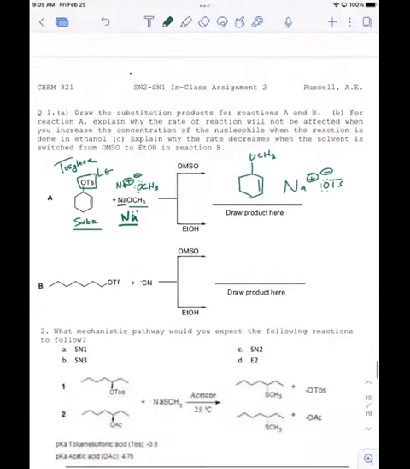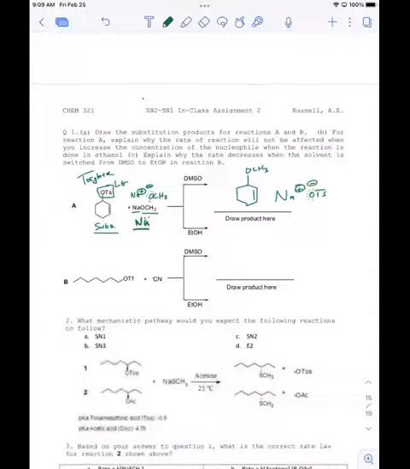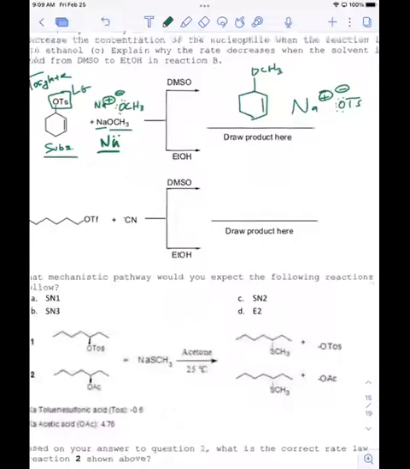Your leaving group, if it's neutral when it leaves, is going to be negative, and it'll generally form a salt with whatever your counter ion is for your nucleophile. All right, so let's go ahead and do the bottom one too.